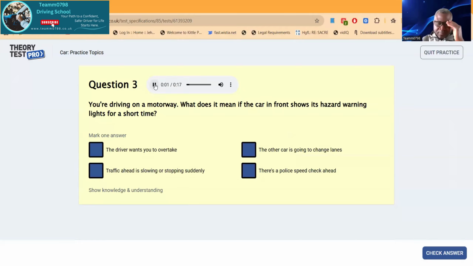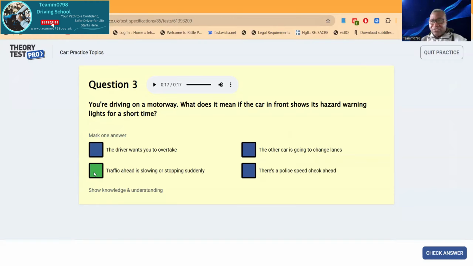You're driving on a motorway. What does it mean if the car in front shows its hazard warning lights for a short time? The driver wants you to overtake. The other car is going to change lanes. Traffic ahead is slowing or stopping suddenly. There's a police speed check ahead. Okay, so we discussed this in the incident, accident, and emergency section yesterday.